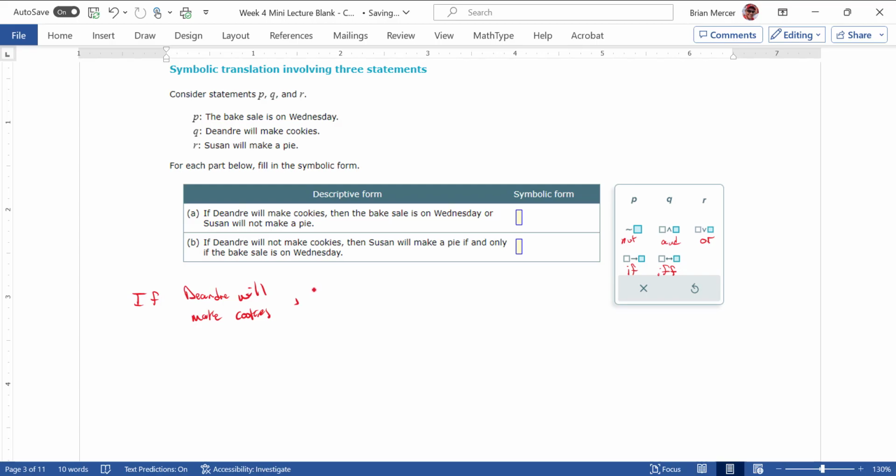So now that's if, then what will happen? Then we've got the bake sale is on Wednesday. And that's straight up statement P. Or Susan will not make a pie. That's will not make a pie.